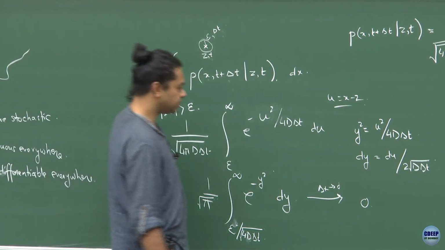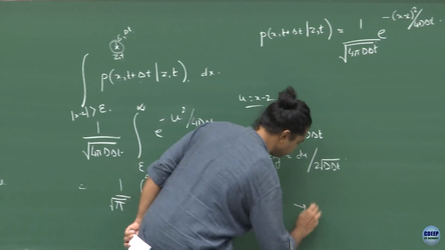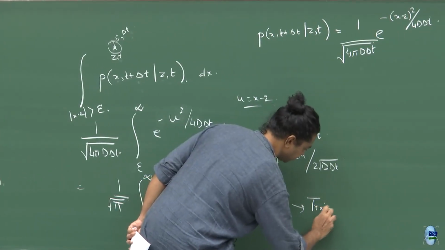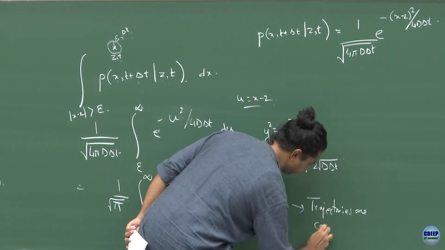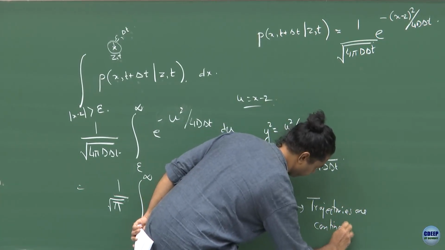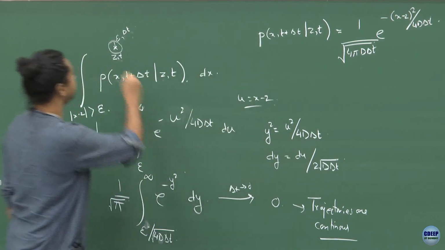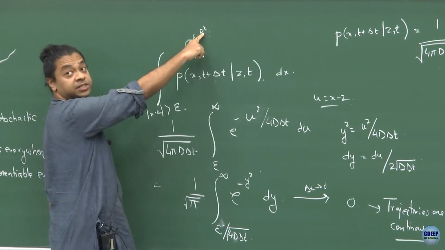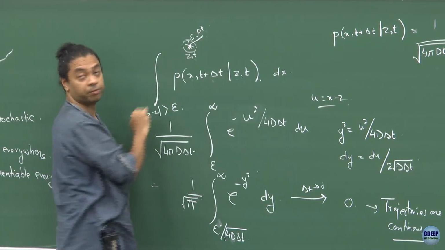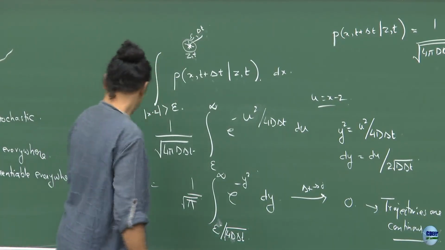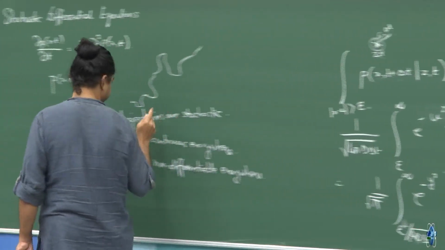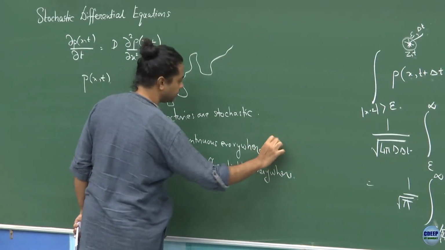What does this say? Therefore, this says that my trajectories are continuous. If I have started at some point, in some infinitesimal time delta t, I could not have hopped out, I have to go through a continuous path. Okay.